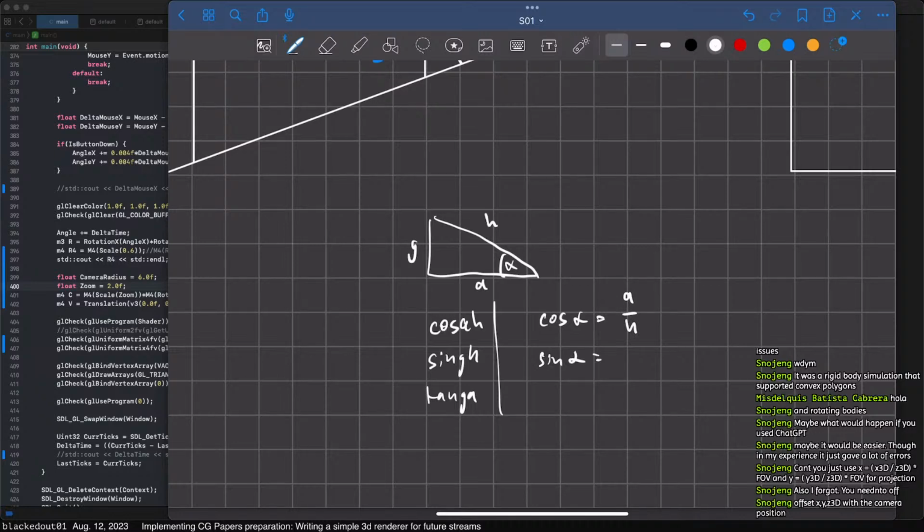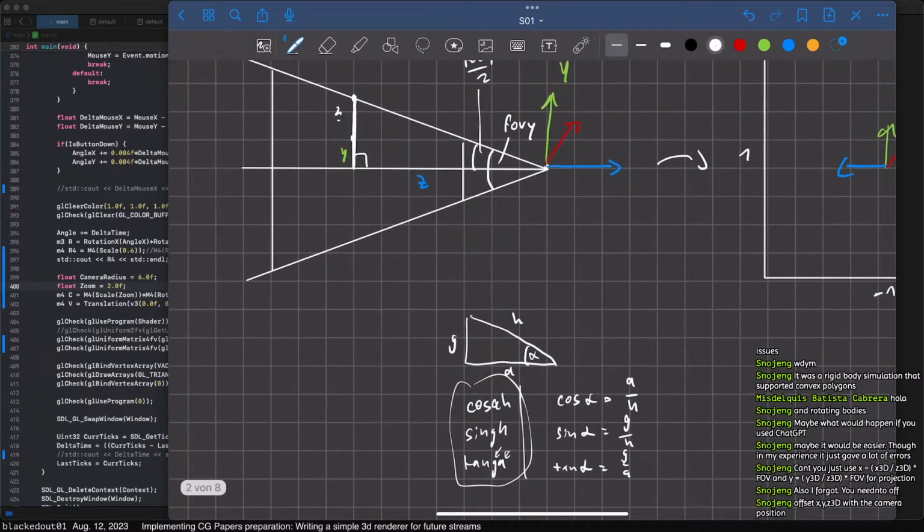And for the sine, it's pretty similar. It's just the Gegenkathete. And for tan, it's basically this is the numerator and this is the denominator. And this is everything I remember to remember these formulas.